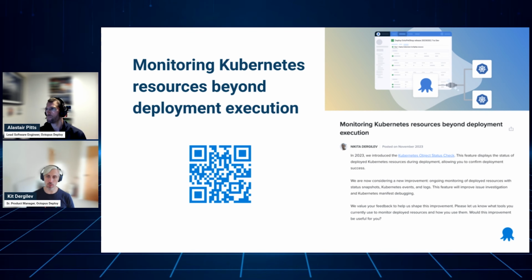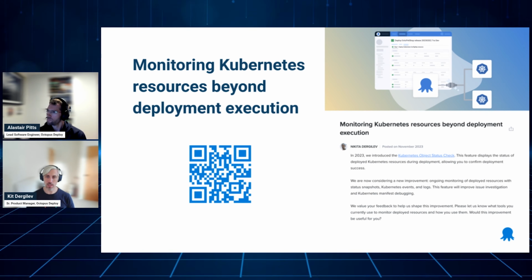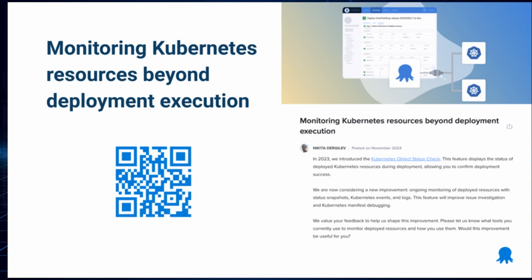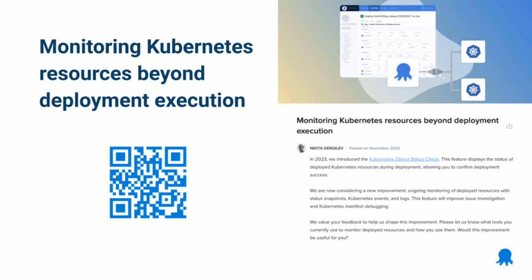So the first thing we want to extend the agent to, and that's one of the reasons why we originally started doing this, is providing live monitoring for Kubernetes resources through the agent. Basically, it's like object status, but live.